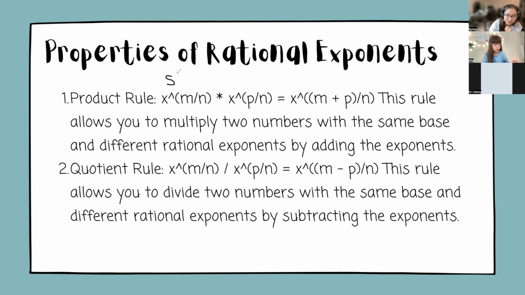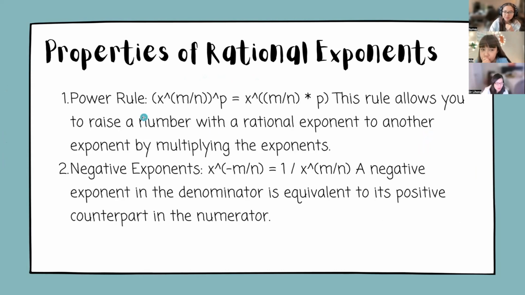If you have 5 to the power of 4 divided by 5 to the power of 2, it would equal 5 to the power of 2, because 4 minus 2 equals 2. Does that make sense? It's basically the opposite. All right, so that's just 2 of the properties, but we can keep going.